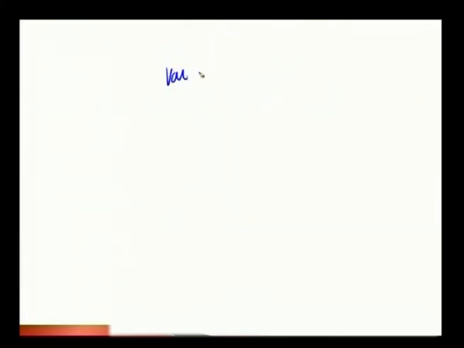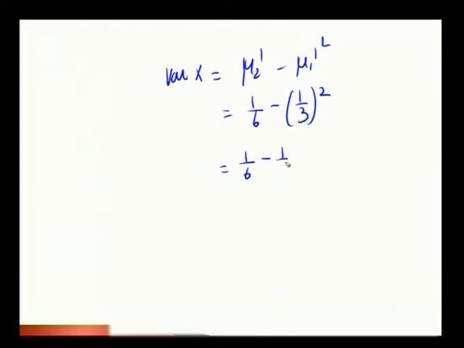Okay. Variance of x is equal to mu 2 dash minus mu 1 dash square, right. 1 by 6 minus (1 by 3) whole square is equal to 1 by 6 minus 1 by 9. Simplifying this, you get variance is equal to 1 by 18. This is variance, but standard deviation is the root of variance.